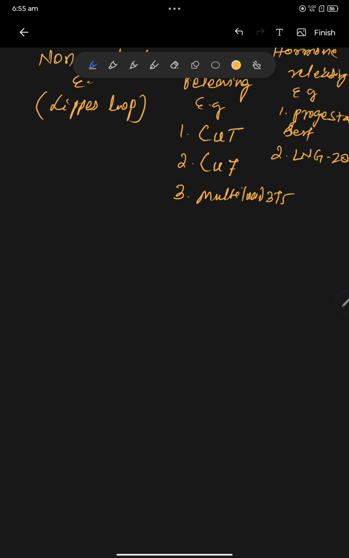Okay, so these are the examples of three different types of IUDs. Now let us come to the function of IUDs, which is very, very important. The general function.